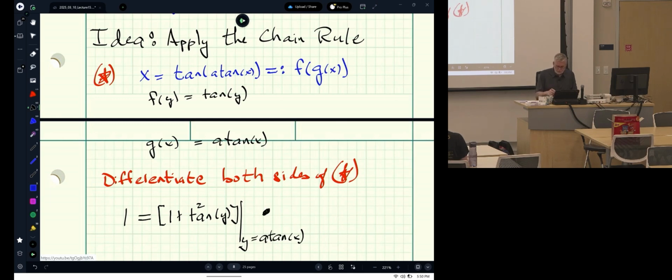Well, I don't want it to look like a dot product, okay? Times the derivative of arctangent of x.